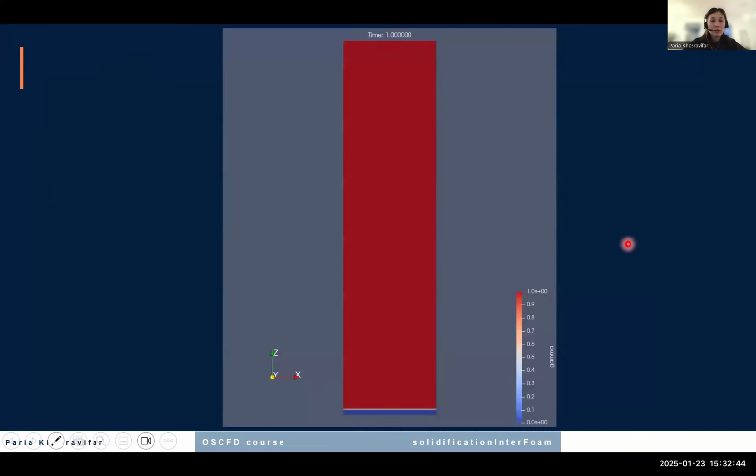Here is an animation of this work, but maybe gamma is not a good choice to show the interface of the two phases. But at least we can see that the interface is moving upward until reaching the interface of the two phases.